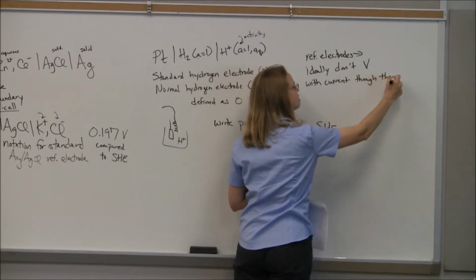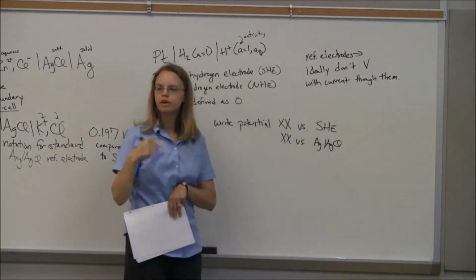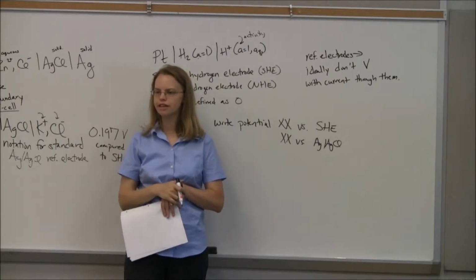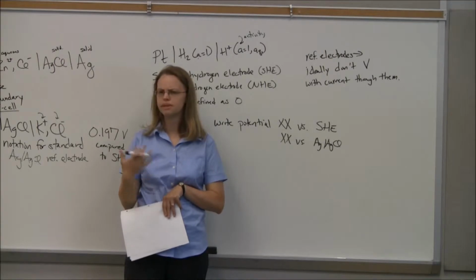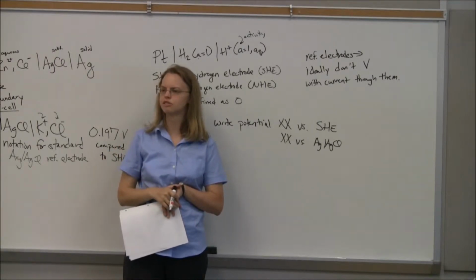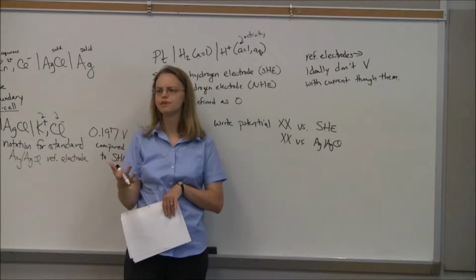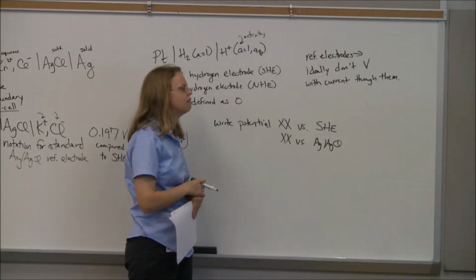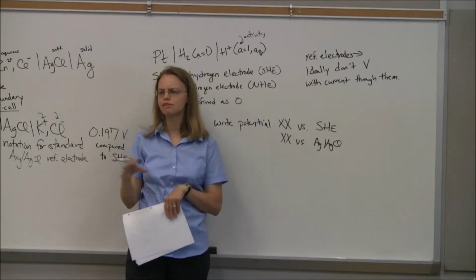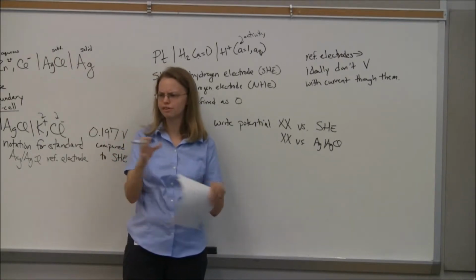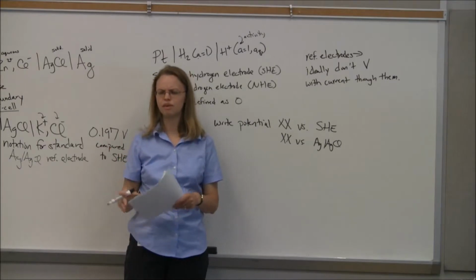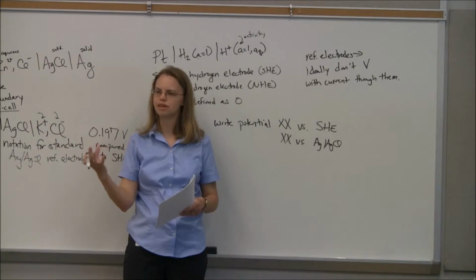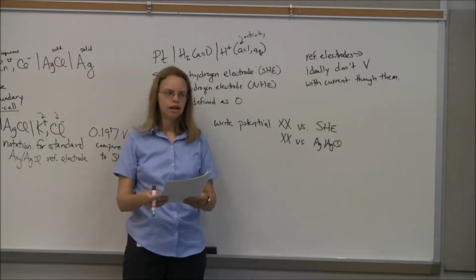Because if you have a reference, and over time you have to run some current through it, because you're doing a 2-electrode system, and your reference changes voltage because something happens to it, like it oxidizes or reduces, that can end up being pretty bad. If your reference changes voltage over time, then your voltages are going to change over time. That's not what you want, so people try and pick references that are really stable.